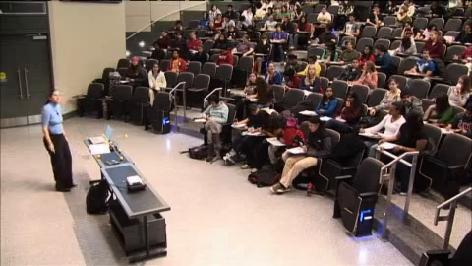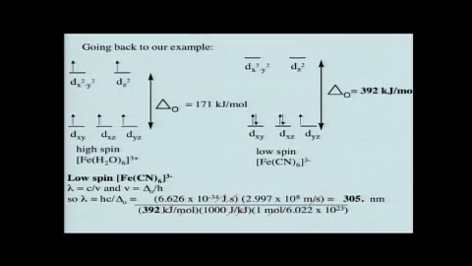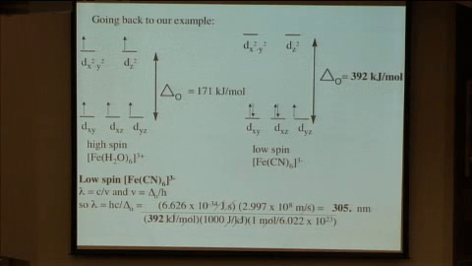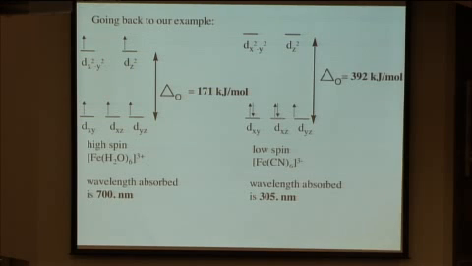All right, so now let's just do the same thing for the low spin system with the cyanide ligand. We're going to plug in our 392 here, and we get 305 over here. And so that is a much shorter wavelength of light. So again, light absorbed for the compound with water, 700 nanometers, and the compound of iron with cyanide, 305.